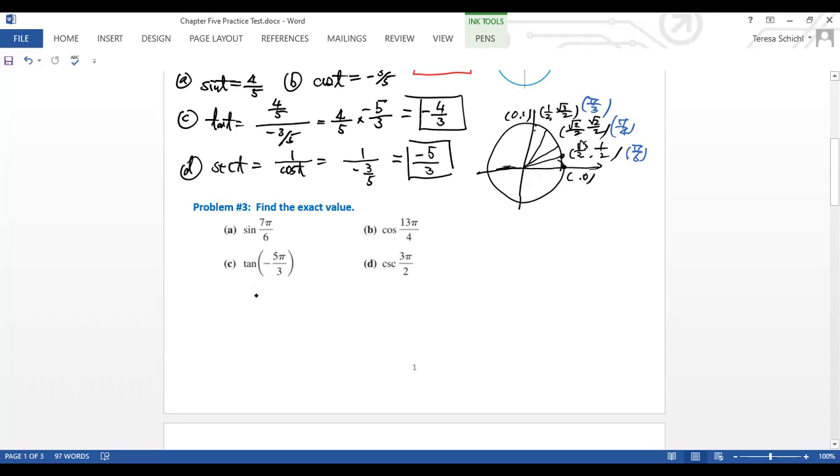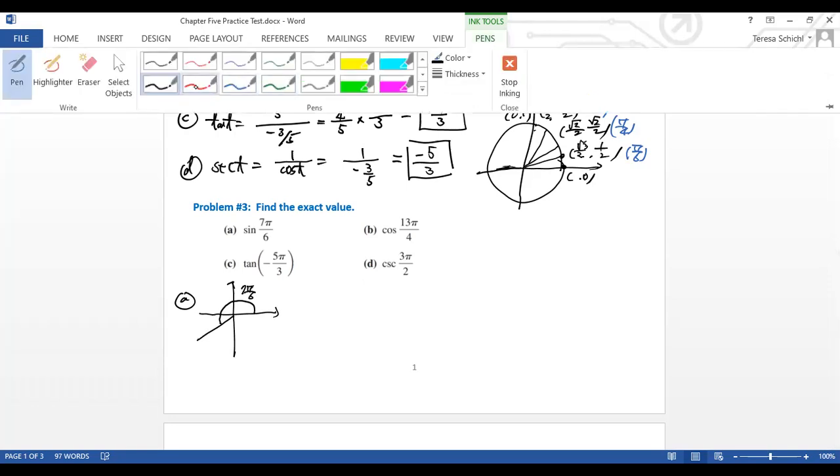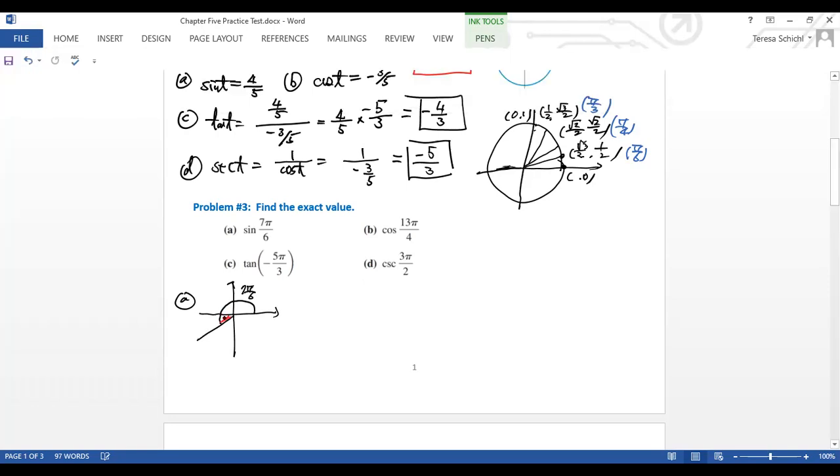Okay, so let's take a look at part A here. Sine of 7 pi over 6. 7 pi over 6 is a little bit more than pi, so you go over here. So remember what we need to find? We need to find the reference angle.